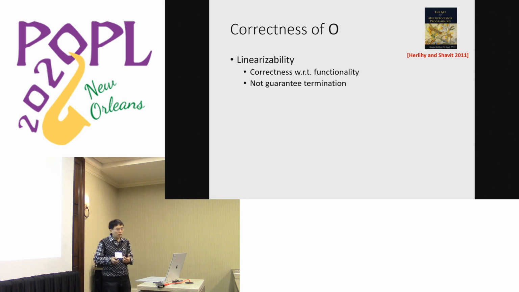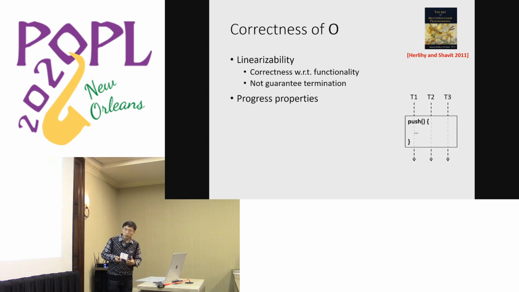Essentially, it says the methods of the concurrent objects should be viewed as some atomic operation that finish the functionality. So from the client point of view, it doesn't have to worry about the fine-grained interleaving of these methods. But the problem is it doesn't guarantee termination. It's like when you do Hoare logic reasoning, it's partial correctness instead of total correctness. It doesn't say anything about termination.